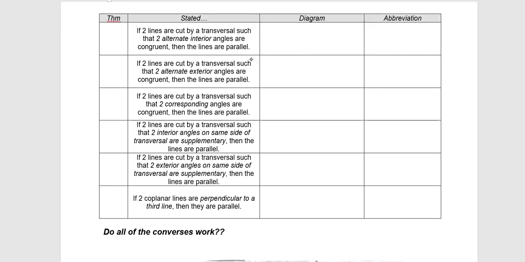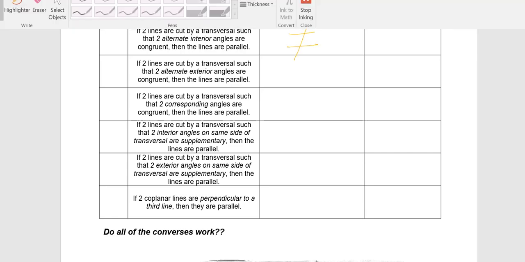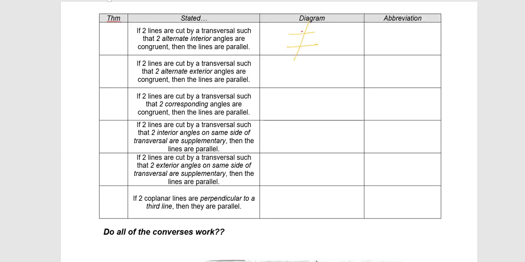So the first one is, if you have two lines cut by a transversal so that the alternate interior angles are congruent. So if I have two lines cut by a transversal, let's use a different color pen here. Two lines cut by a transversal, and the alternate interior angles are congruent to each other.